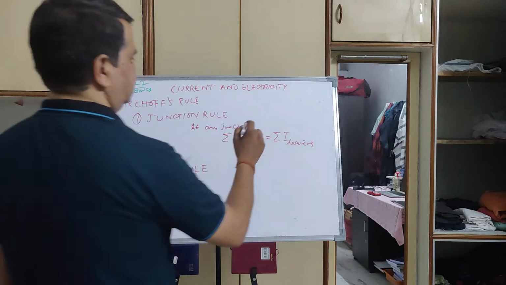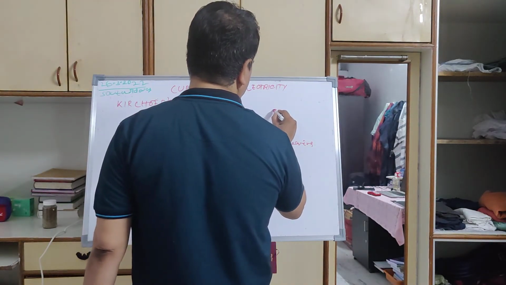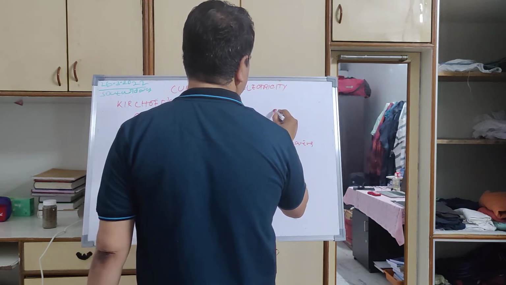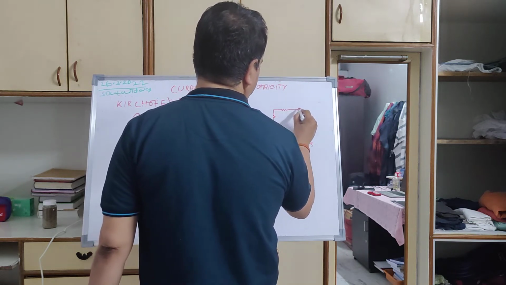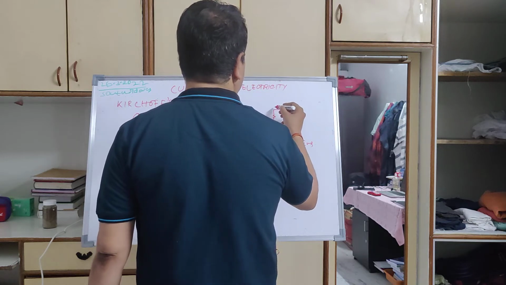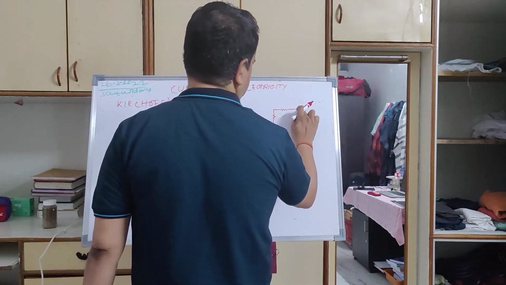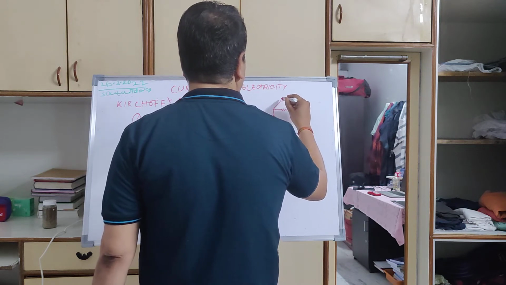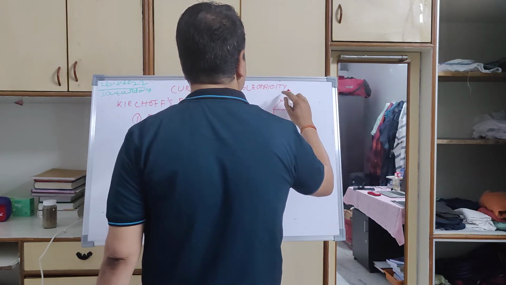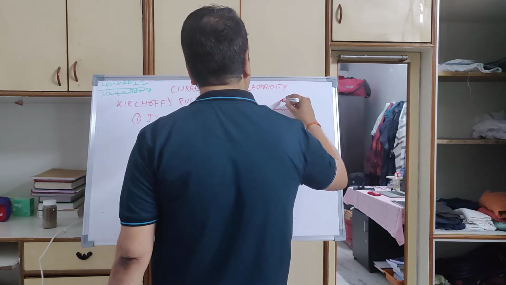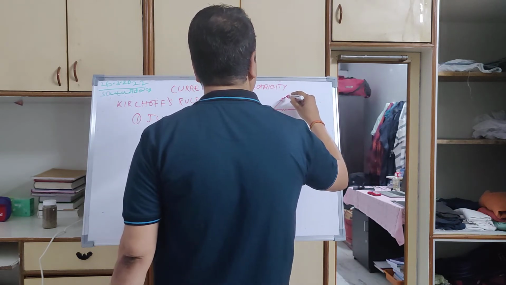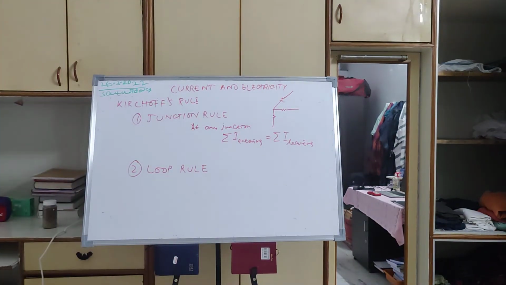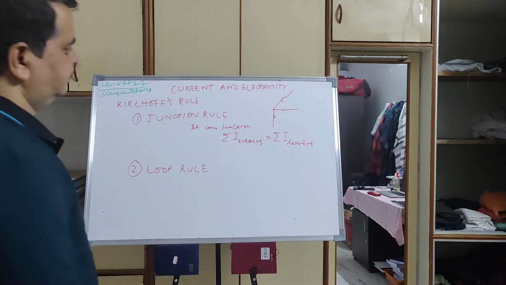So imagine a junction, like say this is an electrical circuit. This is one resistance, this is another resistance, this is another resistance.